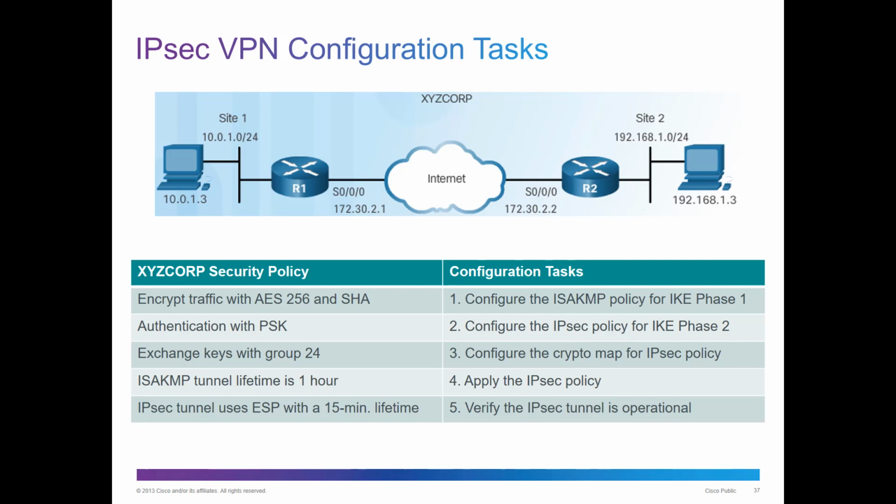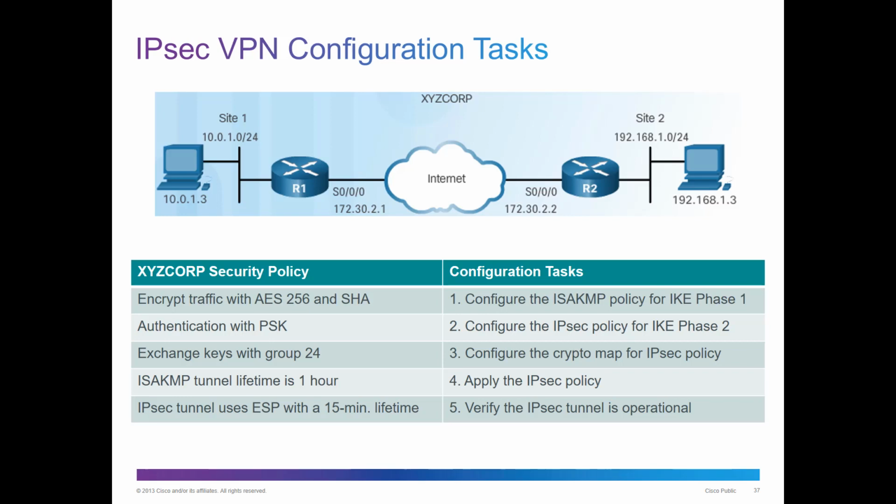So, in order to figure out how to encrypt the traffic, we're setting up and configuring the ISAKMP policy for Phase 1. When we're talking about authentication, that's going to be part of phase 2. When we're talking about the key exchange, we're configuring a crypto map for that.